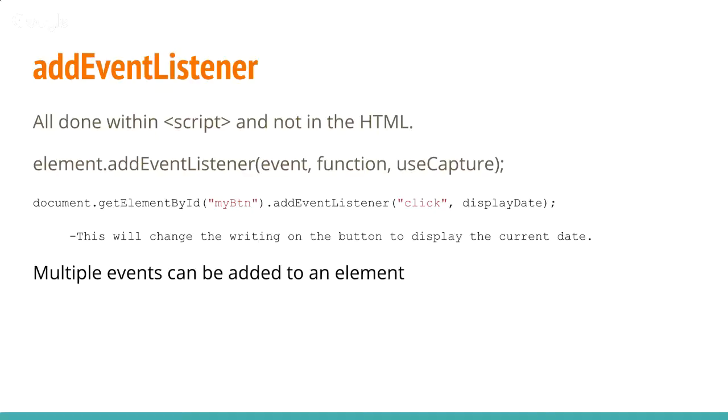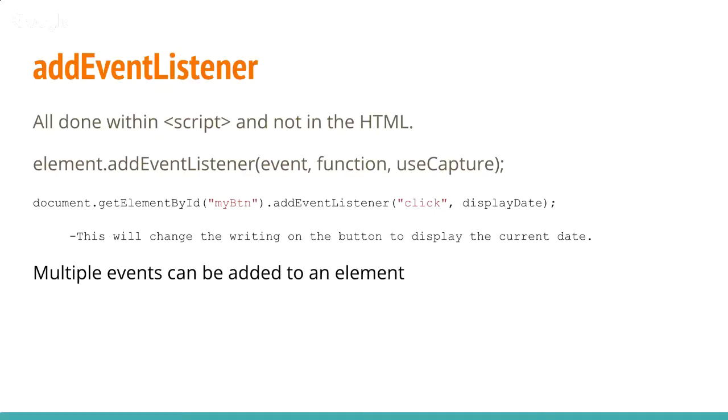So instead of add, you can remove it. So you can change how the events respond and what kind of interactions you have without even touching your HTML. It makes it really clean because then your JavaScript code is all by itself and your HTML and CSS codes are all by themselves.